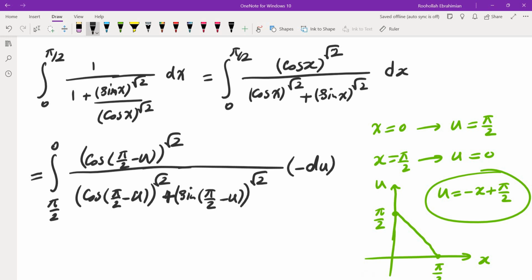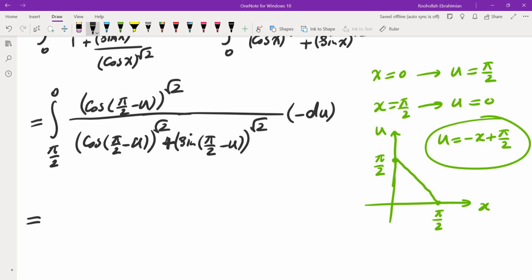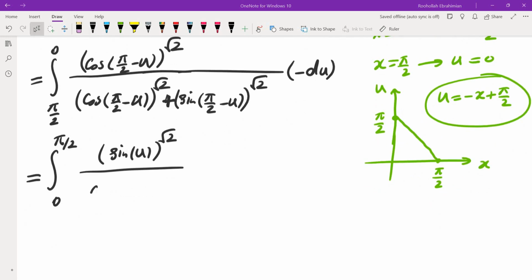Now we're going to use the negative sign and swap the limits of integration. So that gives us the integral from 0 to pi over 2. Cosine of pi over 2 minus u is sine of u, to the power of root 2. And sine of pi over 2 minus u is cosine of u to the power of root 2.